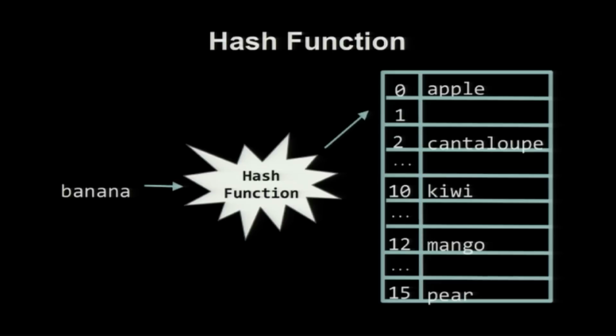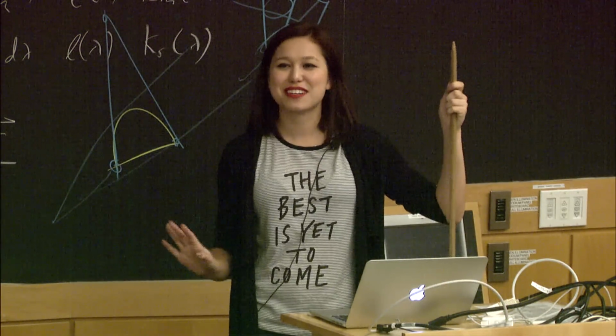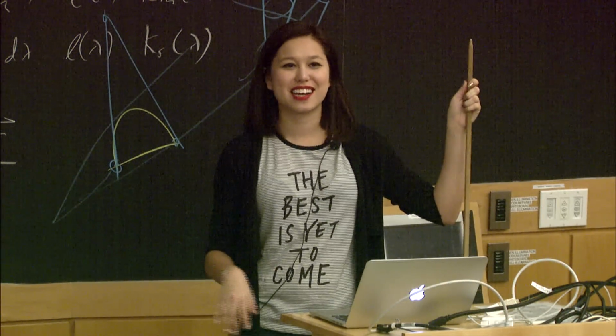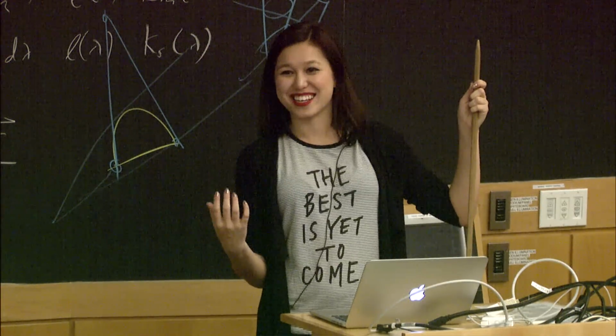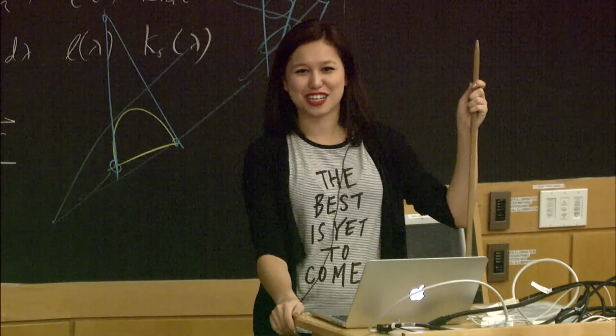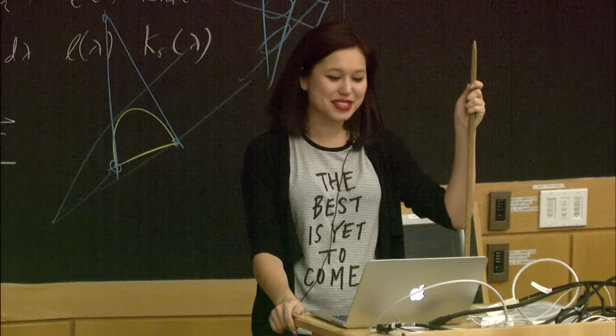For this pset, you can look up pretty much any hash function you want. It doesn't have to be your own. There are some really cool ones out there that do all sorts of crazy math, and if you want to make your spell checker super fast, I would definitely look into one of those.